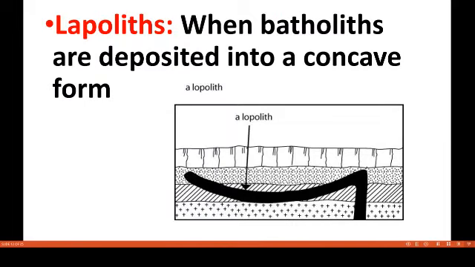Next igneous rock is lapoliths. When batholiths are deposited in a concave form, so you can see here inside the crust the deposition is like a concave. This concave shape of deposition is called a lapolith.